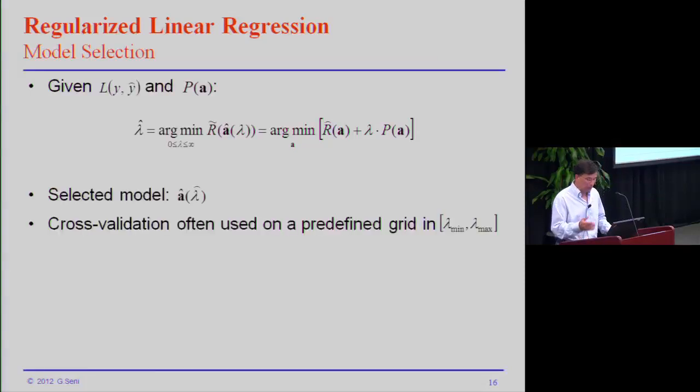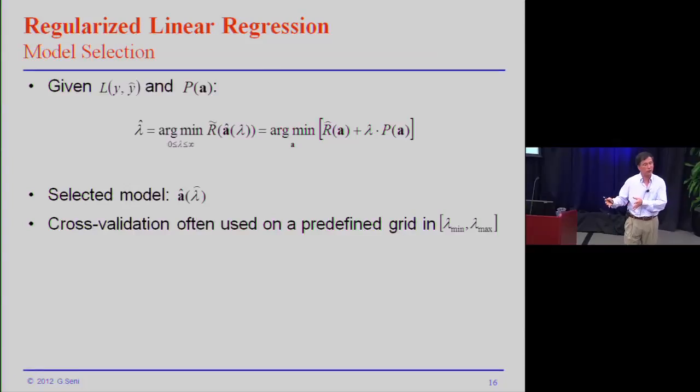It's a typical model selection problem that is often dealt with using cross-validation, using a predefined grid between alpha min and alpha max, so instead of 0 and infinity, we can narrow that range a little bit more.